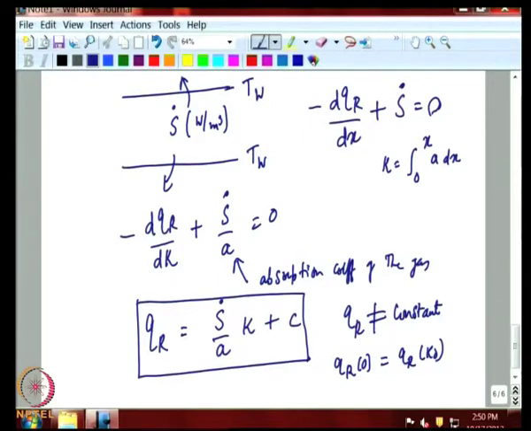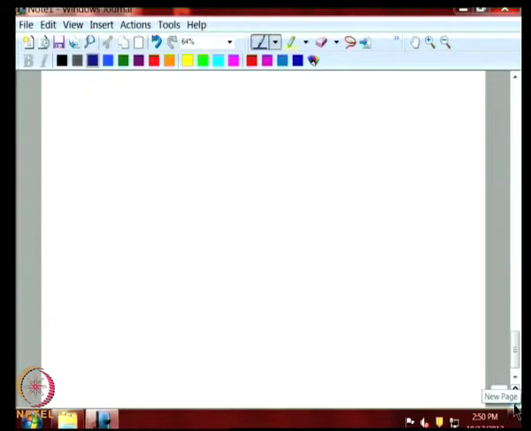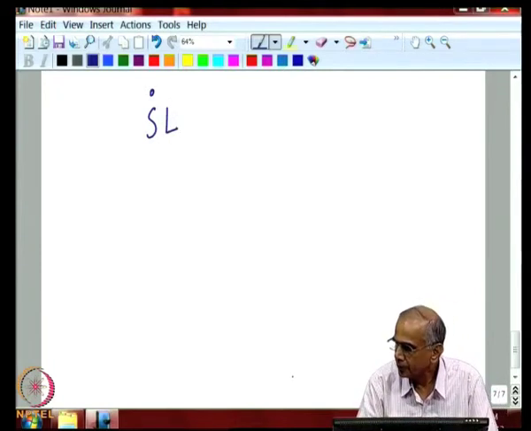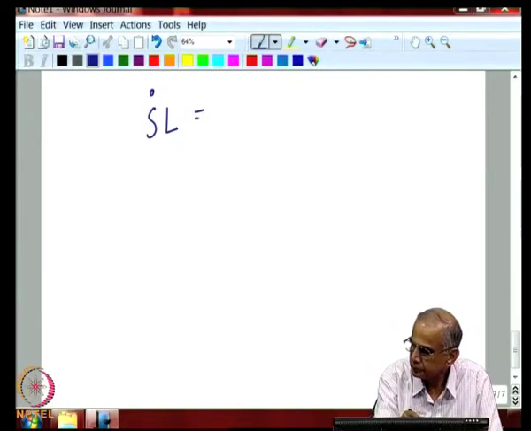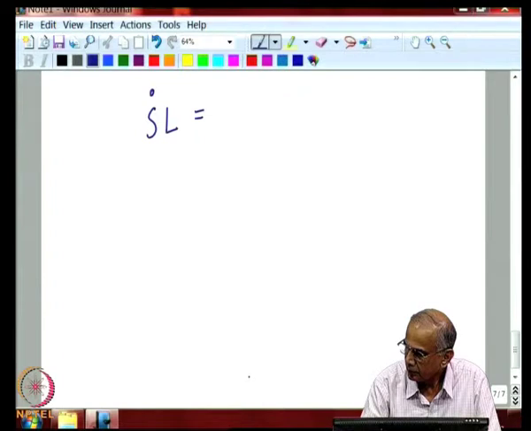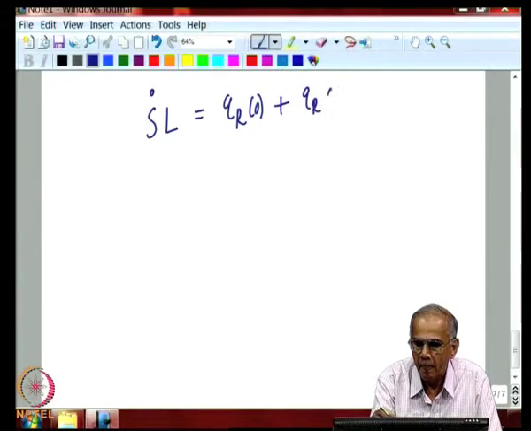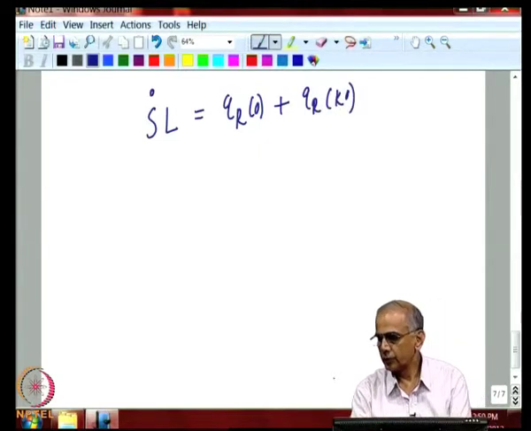And the total heat released, S dot into L, that is heat released in the whole combustion chamber, has to be equal to the heat removed by the two walls. That is one requirement.